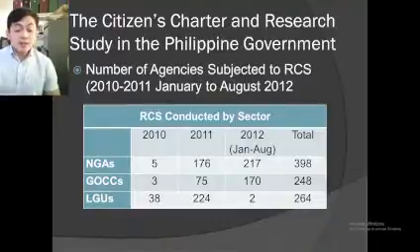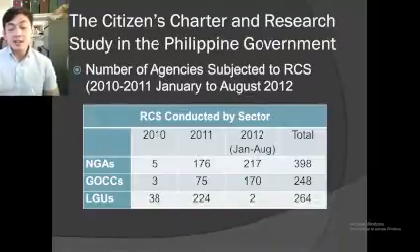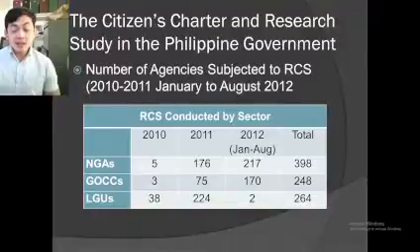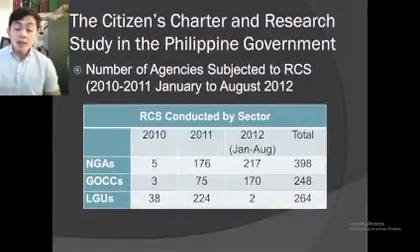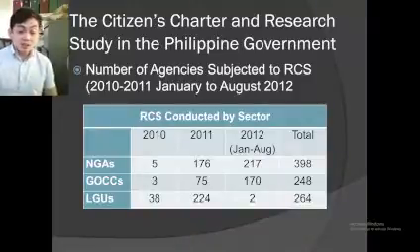In 2011, the RCS report survey revealed that out of 497 government offices subjected to RCS, 4.4 received excellent ratings in their report cards. On compliance in crafting the Citizens Charter, out of 5,677 agencies of the Philippine bureaucracy, 4,494 or 79.16% complied as of September 2012.